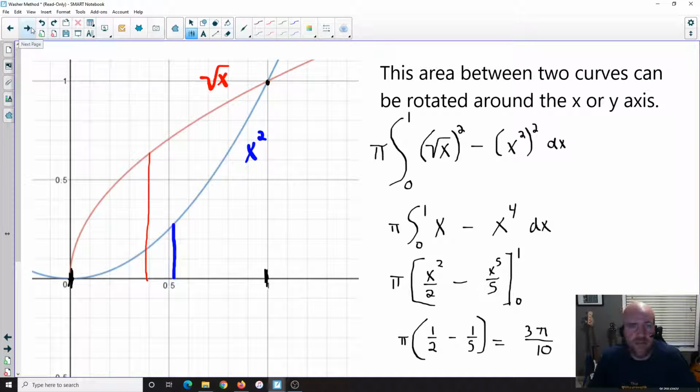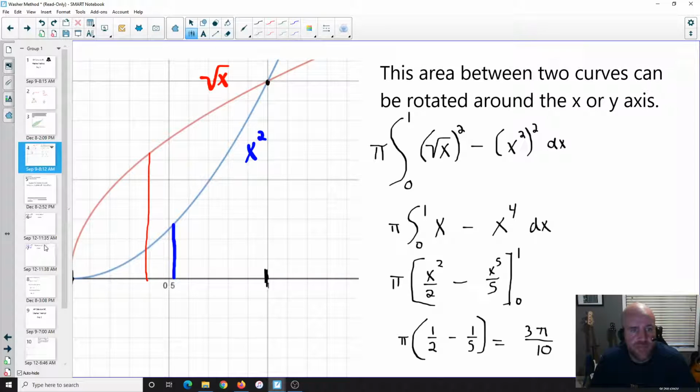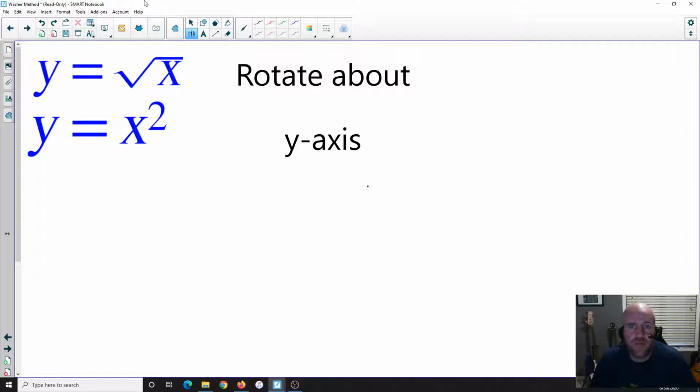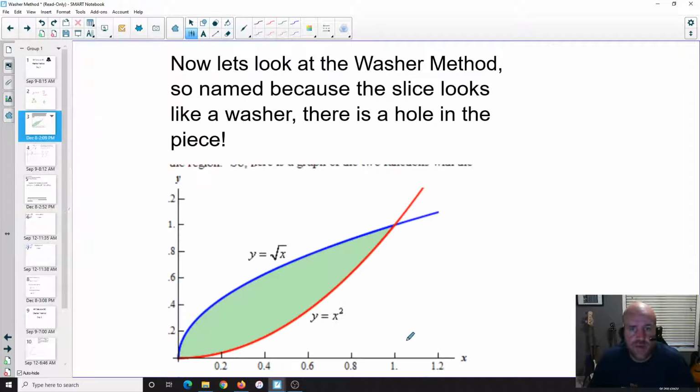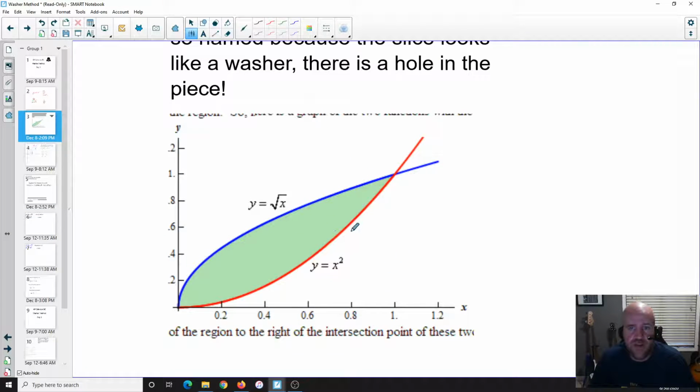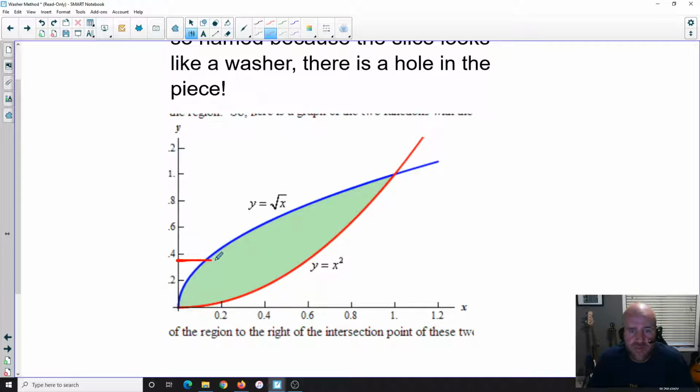So now let's take a look at rotating those same two functions, but this time we're going to go around the y. If I look at our graph here and we're rotating around the y-axis, now the further function is this red function.